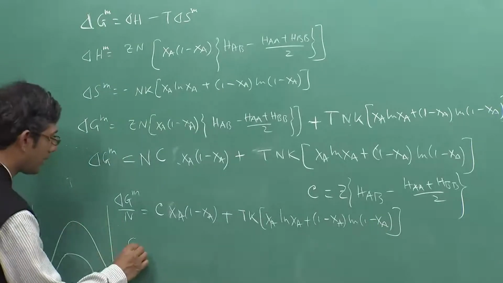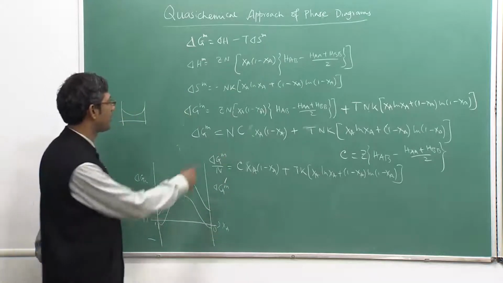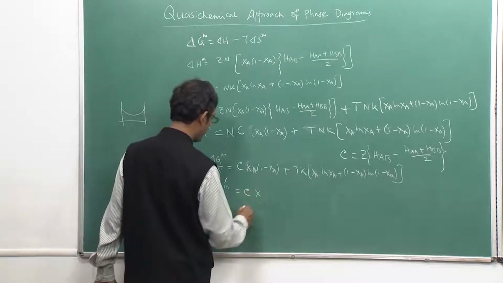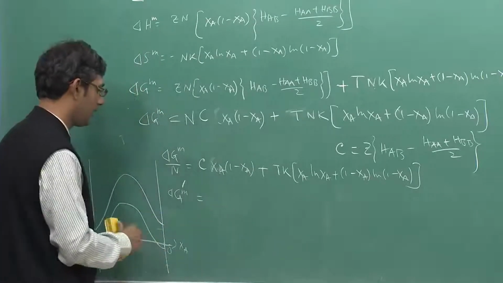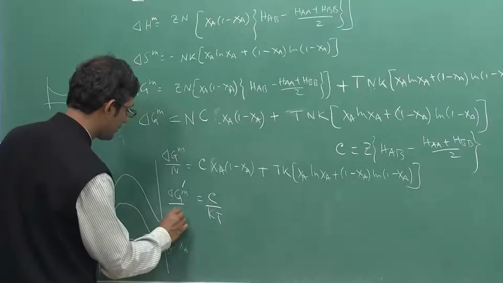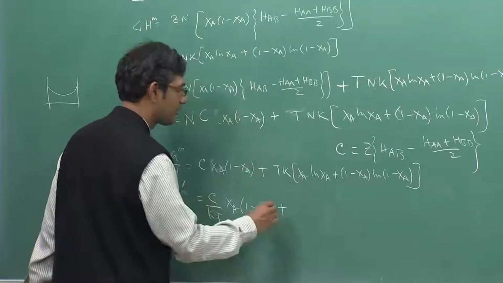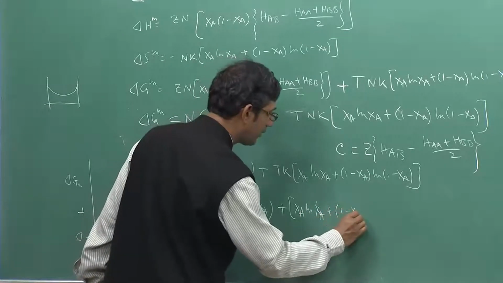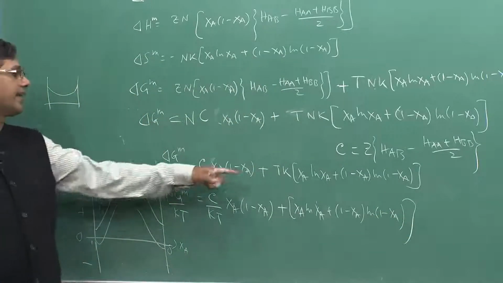So, this is nothing but delta Gm star, this is per atom, because you have divided by N. What I have done is that I have taken kT also out.